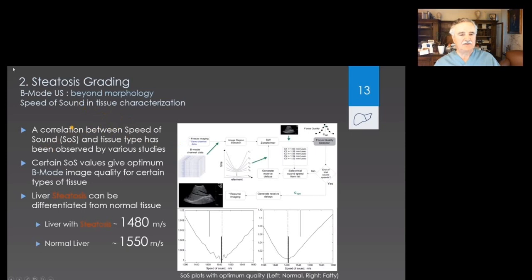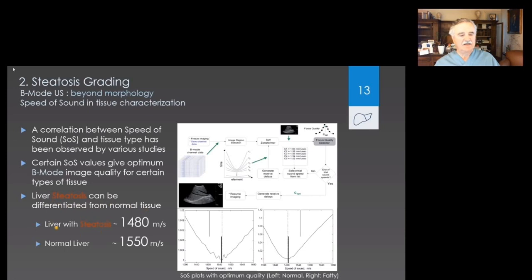There is a correlation between the speed of sound and the tissue type, and that has been observed in many studies. Certain speed of sound values give optimum B-mode image quality. And then, having those measurements, liver steatosis can be differentiated from normal tissue.